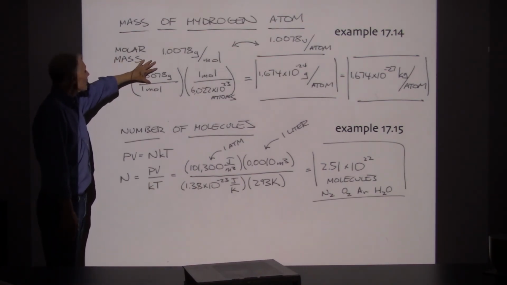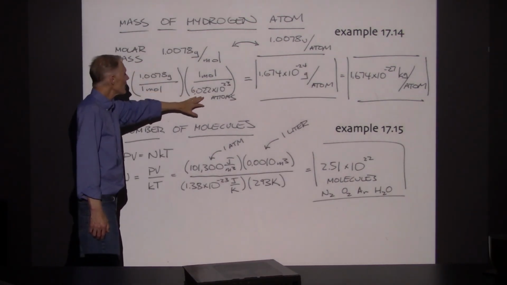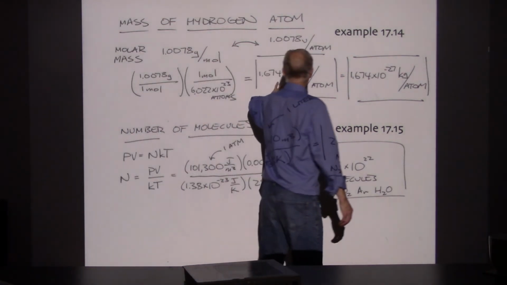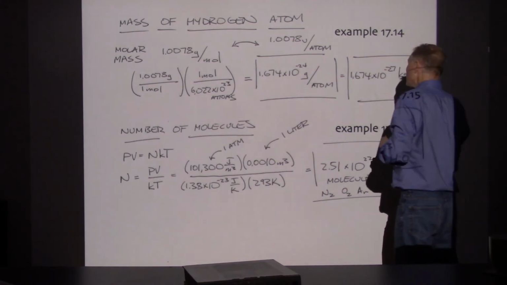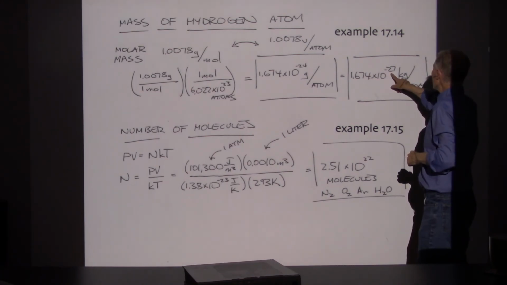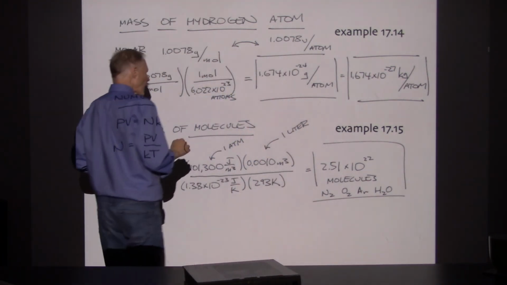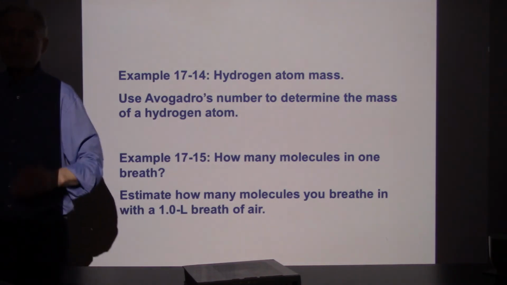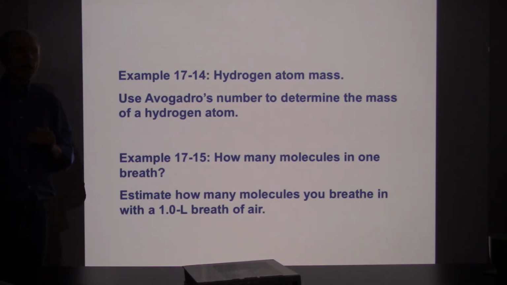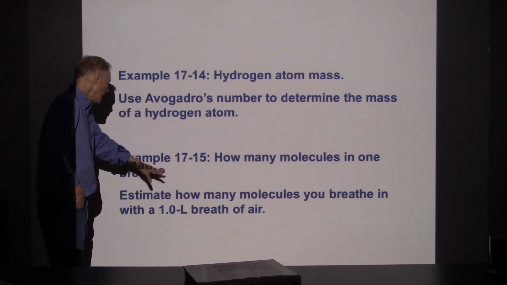So if this is the molar mass for hydrogen 1, and then I divide through by Avogadro's number, it says that the individual hydrogen atom is 1.674 times 10 to the minus 24 grams, also known as 1.674 times 10 to the minus 27 kilograms. So I put it in both. I've got to go back and check if I got the right numbers on that, because you've got to do it isotope by isotope. You can't average over the isotopes to get the mass of an individual atom. So we've got to go back and check that one.